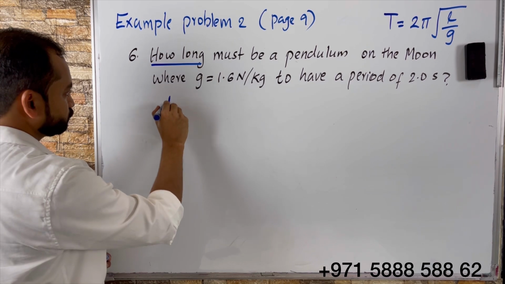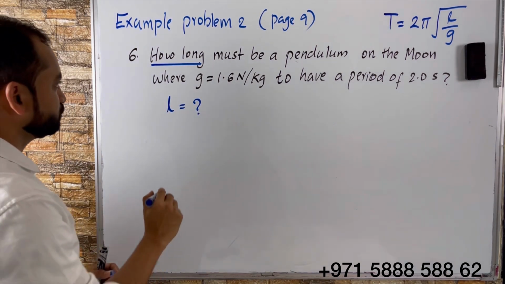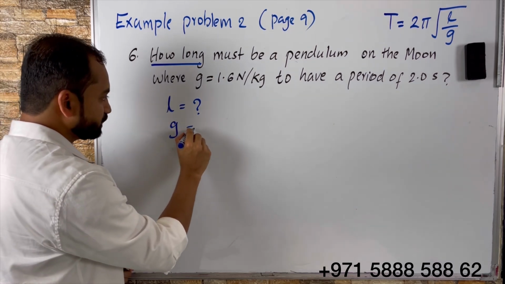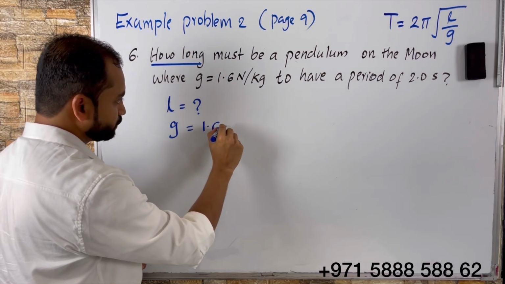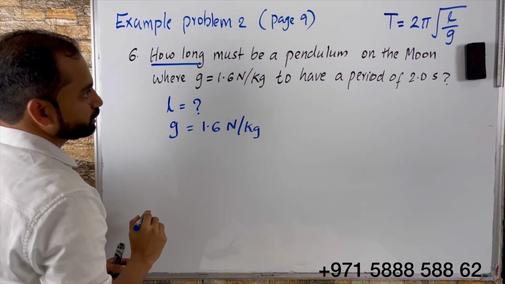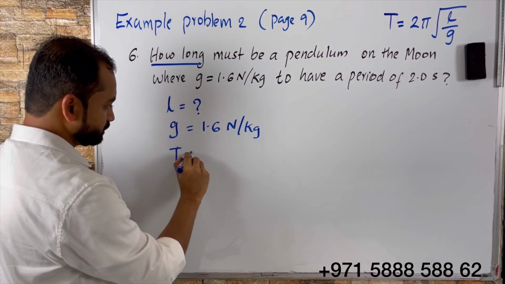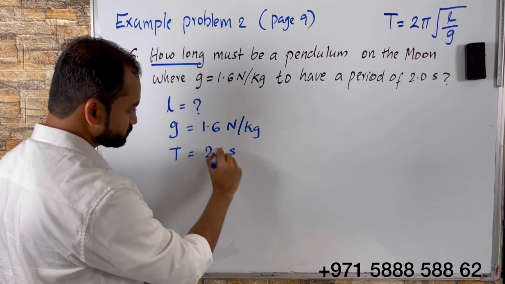So here the length of the pendulum is what we need to calculate, where on the moon the value of gravitational field is 1.6 Newton per kilogram. To have a period, time period is equal to 2.0 seconds.